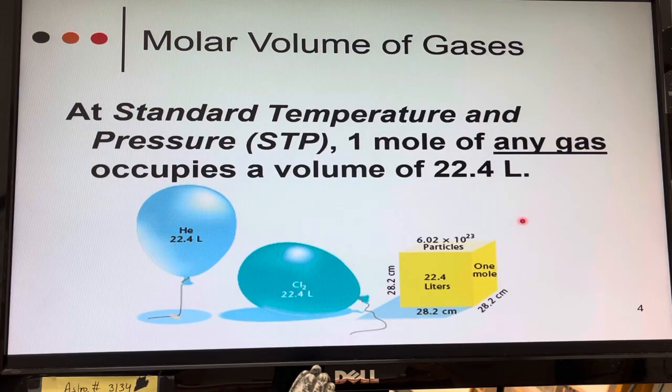That's pretty cool. And that volume is 22.4 liters, okay? So 6.02 times 10 to the 23rd particles, 1 mole of any gas, will occupy the same 28.2 by 28.2 by 28.2 cubic area. It could be a cube in a box, it could be a balloon shape, it doesn't matter. But that's important.